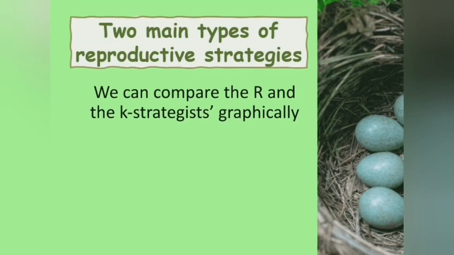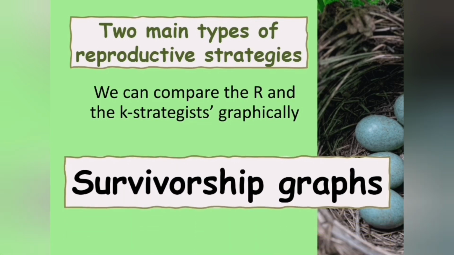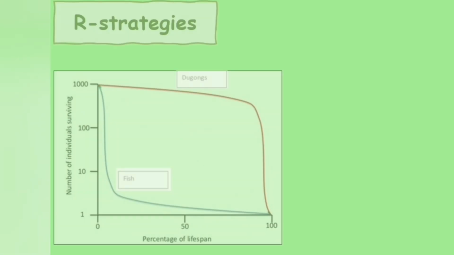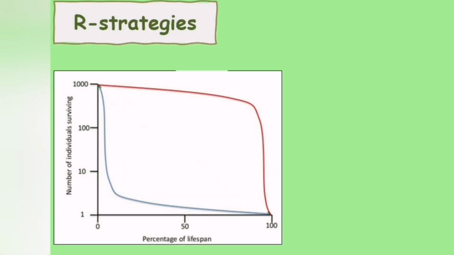So the two main types of reproductive strategies, the R and the K strategies, can actually be drawn on a graph. We can show how these animals survive in their life, and these graphs are called survivorship curves. Now on this graph, we put both the R and the K strategists, but let's just look at the R strategy first.